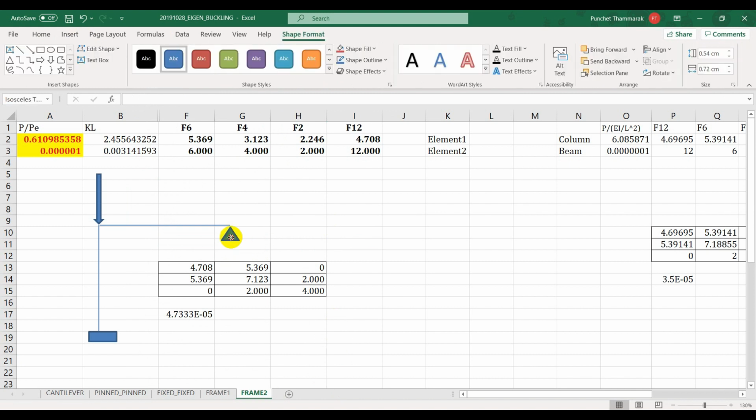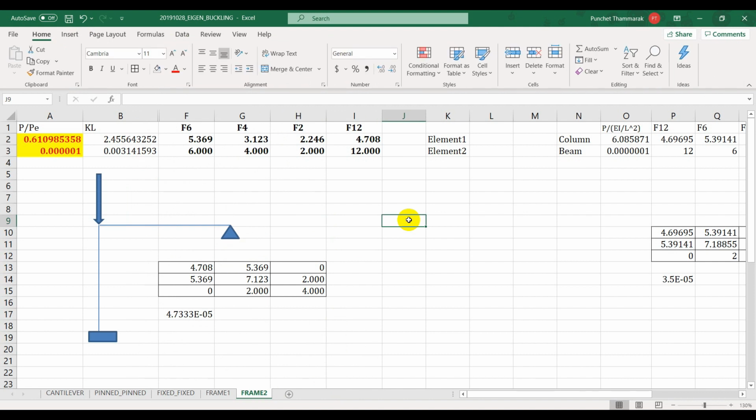Okay, so make it something like this. If we have this one, you have rotation and rotation. You don't have this column, right? We restrain the horizontal deformation.